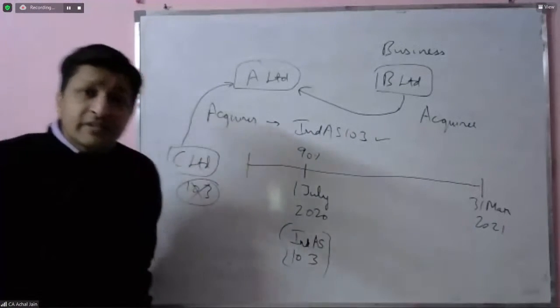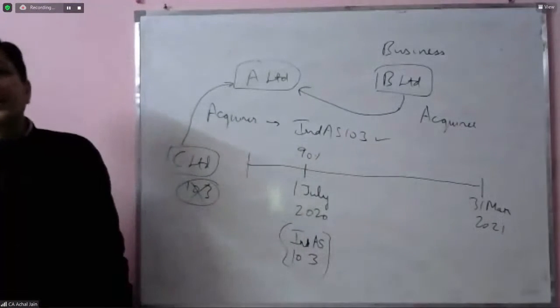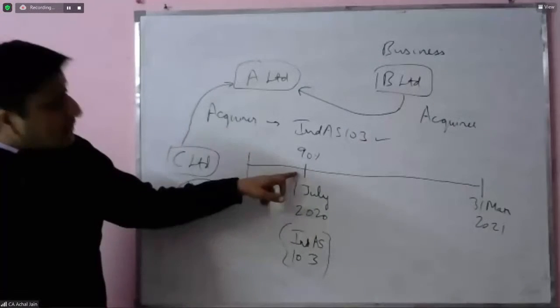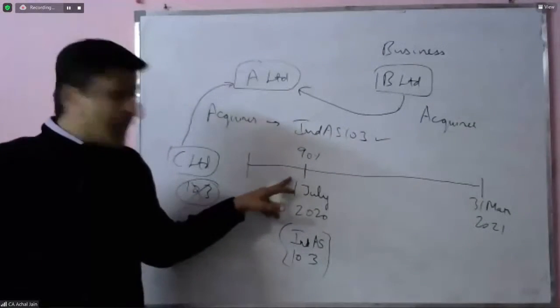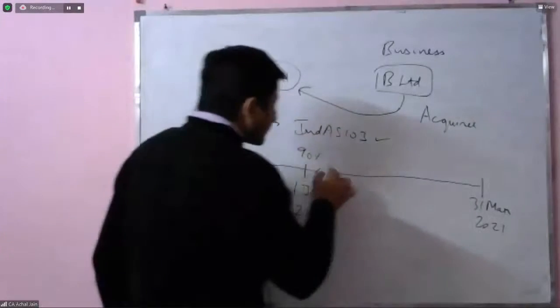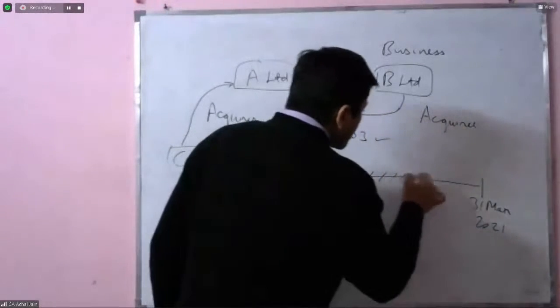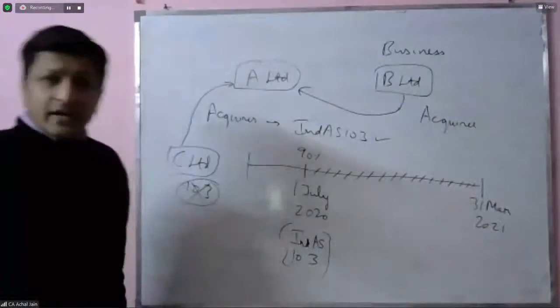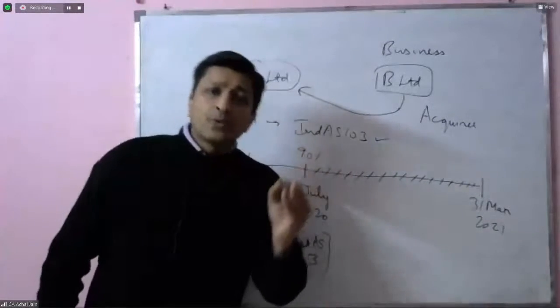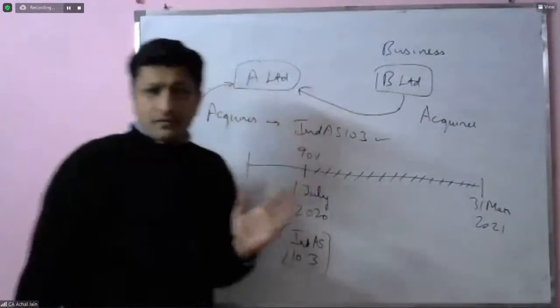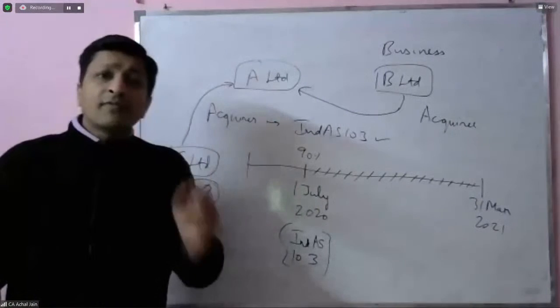Yes. And when will the consolidated financial statements be required to be prepared? Starting from the date when the control is obtained. That means starting from this date and till the time control is retained, means for the purposes of financial statements up to 31st March 2021, what will be prepared?